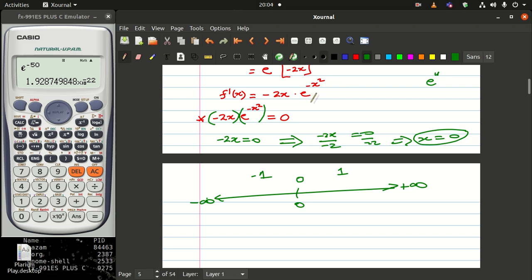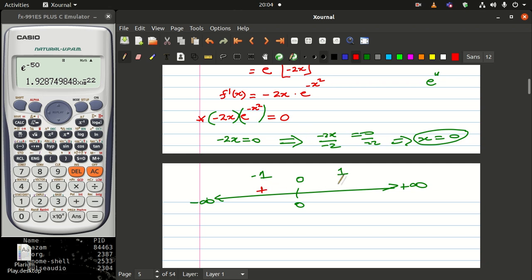Even if it was 5 raised to something, this is an exponential function that is always above the x axis. And this other part is the identifier of whether we get a negative or positive. If I'm plugging in a negative, negative times a negative is positive, so this part is going to be positive.